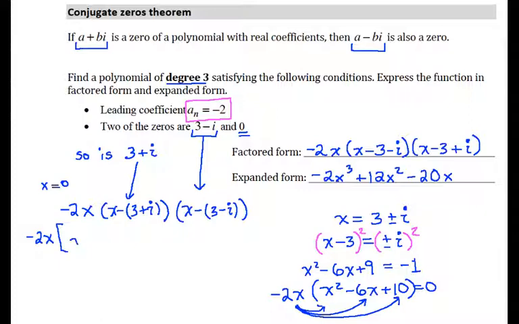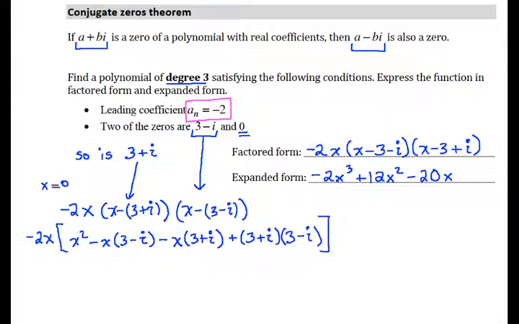The first term is x squared. The outer is going to be minus x times 3 minus i. The inner term is going to be a minus x times 3 plus i. And the last term is going to be plus 3 plus i times 3 minus i.